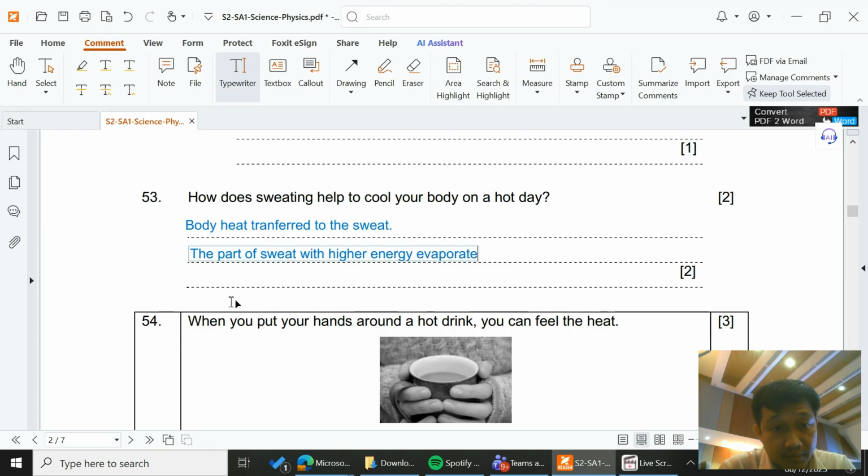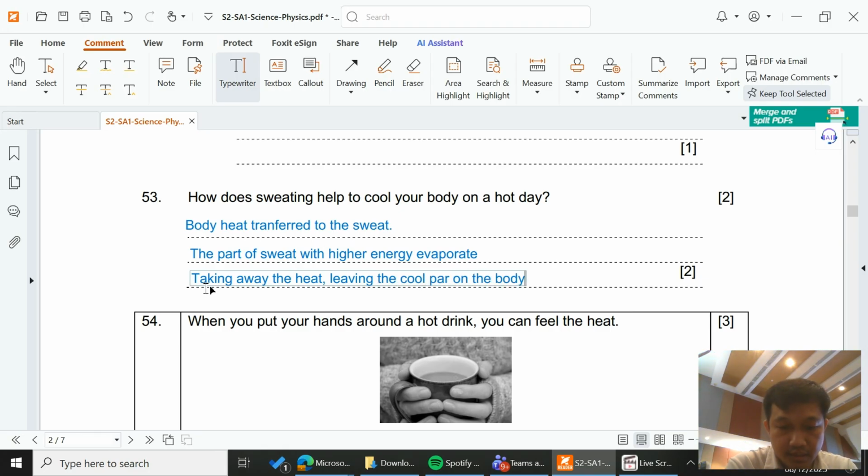And then what happens next is it takes away the heat, leaving the cool part on the body, giving a cool sensation. Okay, that's all.